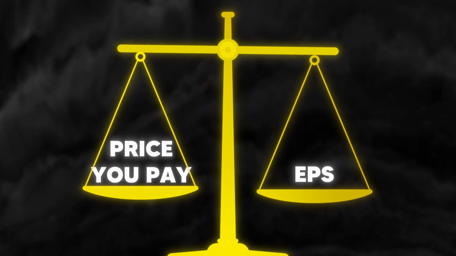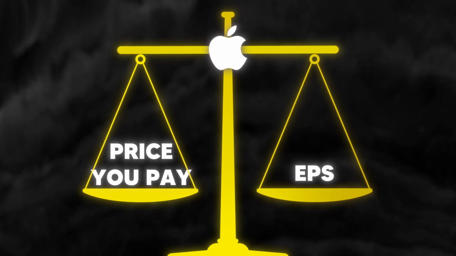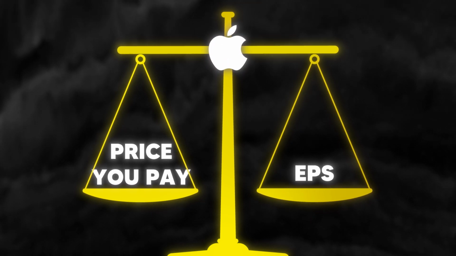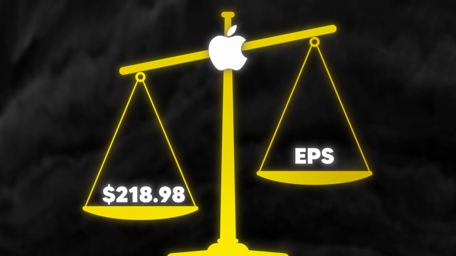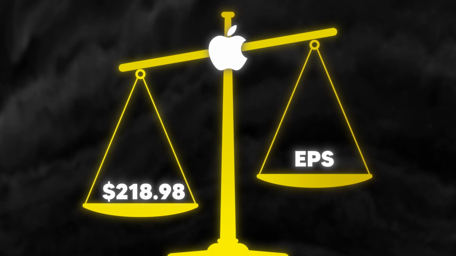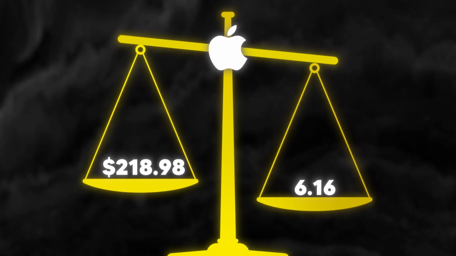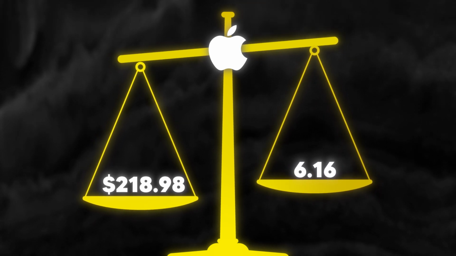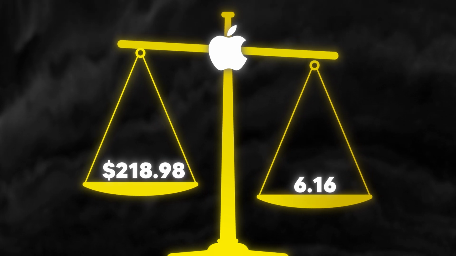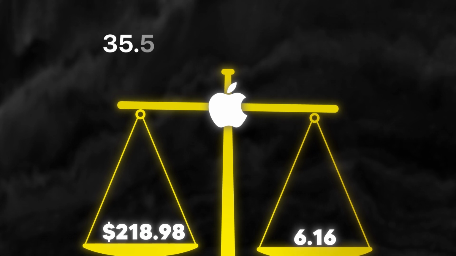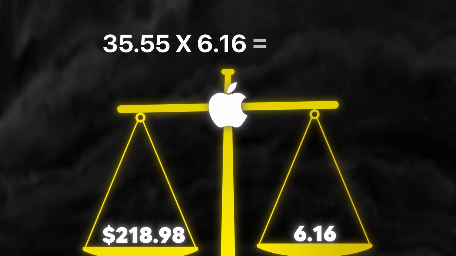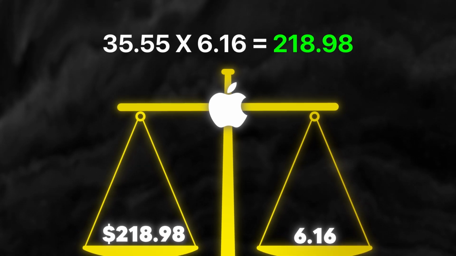So for example, let's visualize from Apple's perspective. Right now, the stock is trading at $218.98. And as we calculated before, the EPS is 6.16. What this means is that if you were to buy one share of Apple stock, you would be paying 35.55 times the EPS that the company generates.